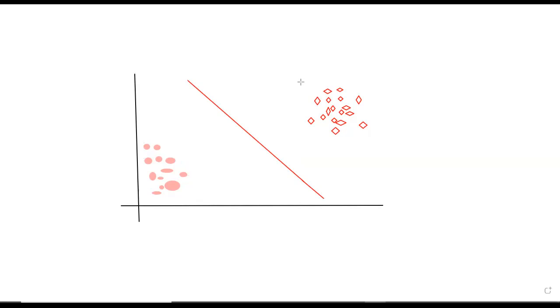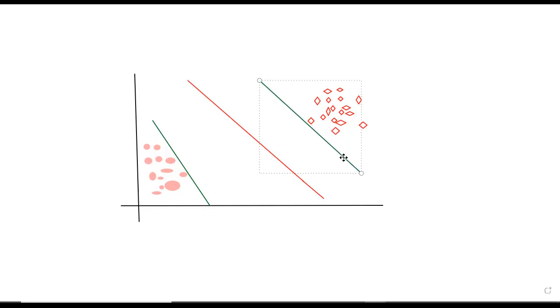Let me draw with a different color. So with respect to this line or this data point, I draw this hyperplane. And with respect to here, this is the near one, so here as well I'm drawing it, touching this.